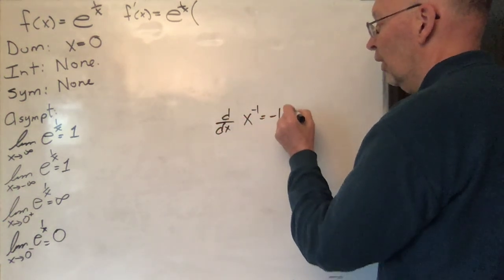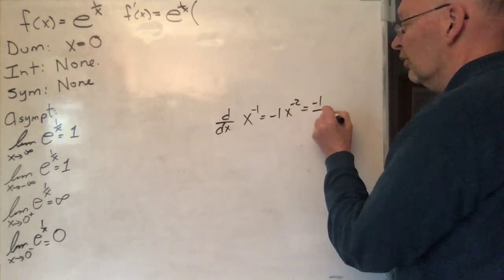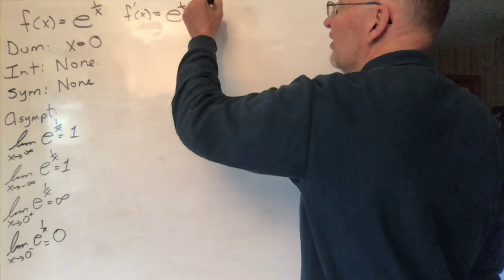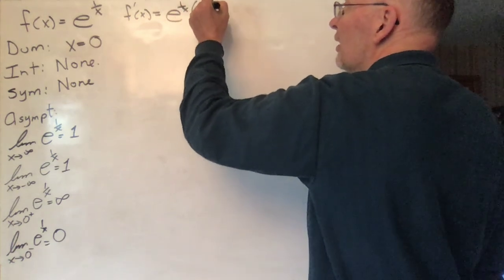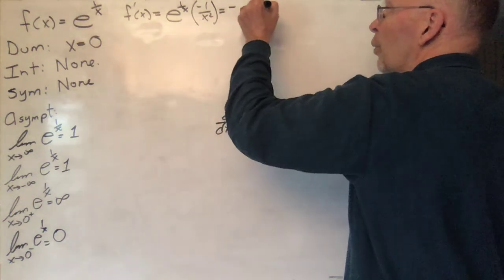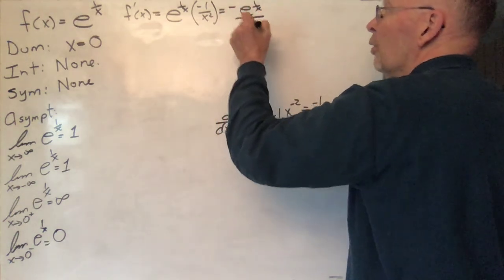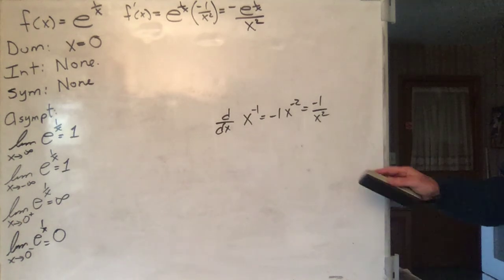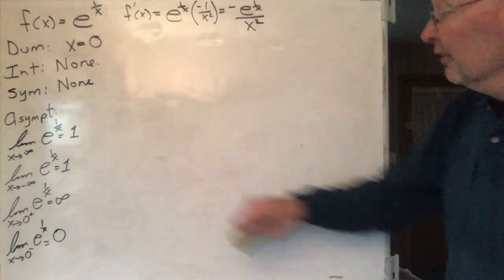It's going to be minus 1 x to the minus 2, which is negative 1 over x squared. So the derivative of this thing is negative e to the 1 over x all over x squared. Okay, so there's the derivative.